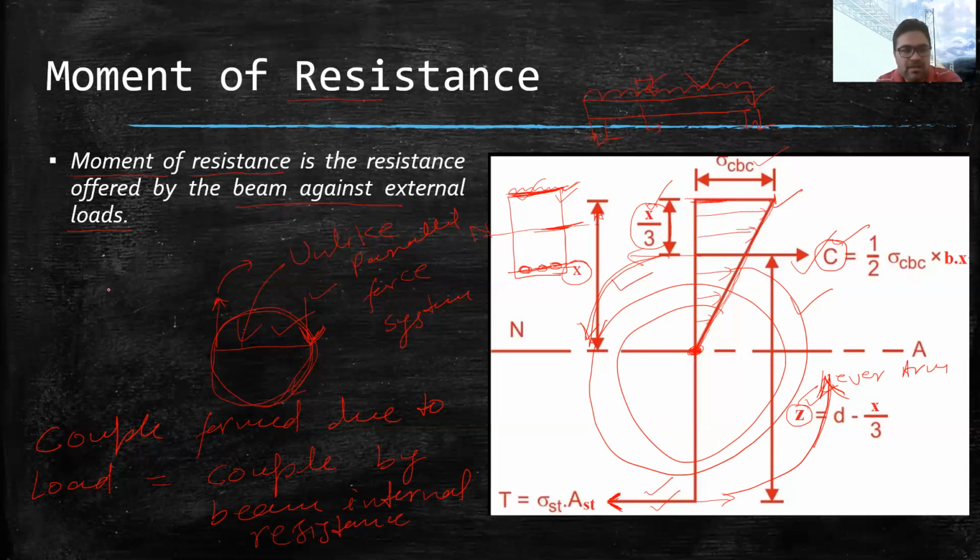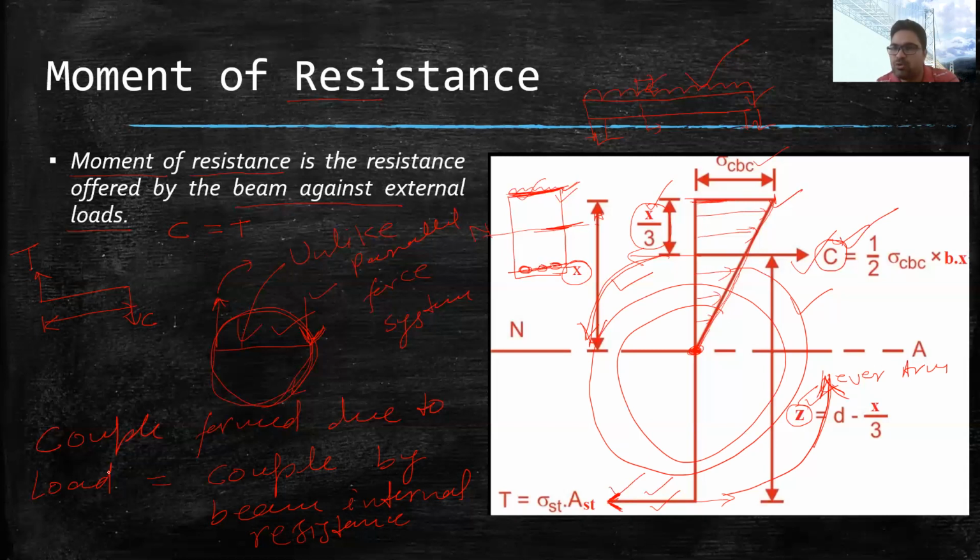Well, if there are forces like this, and if it is the distance, the first condition is that both these forces, say this is the C force and this is the T force, should be equal, which means the first condition is C and T should be equal. And in our case also, this C and T both are equal.